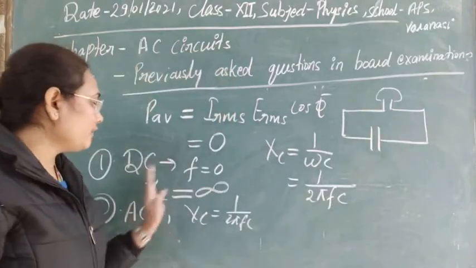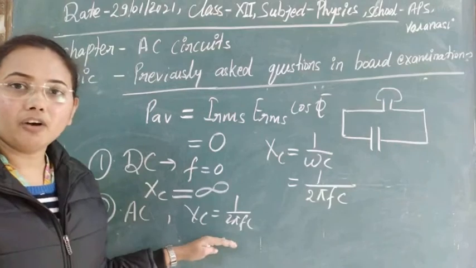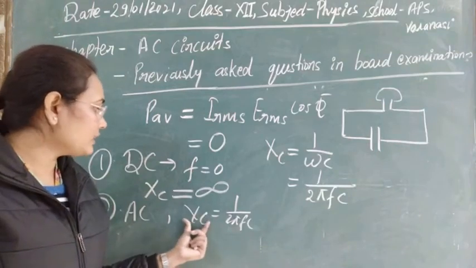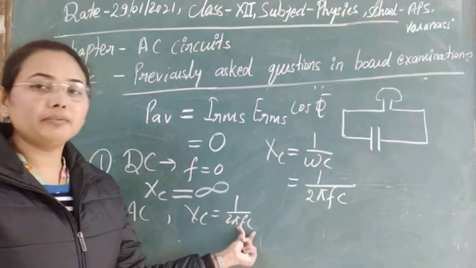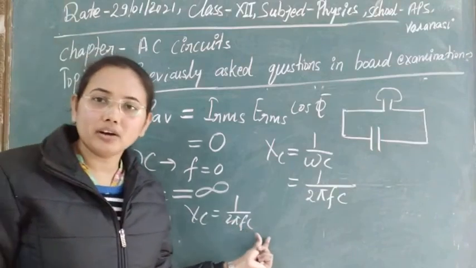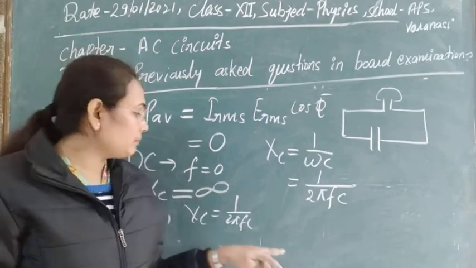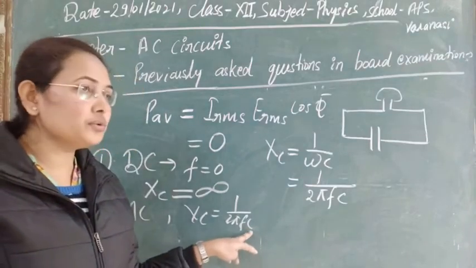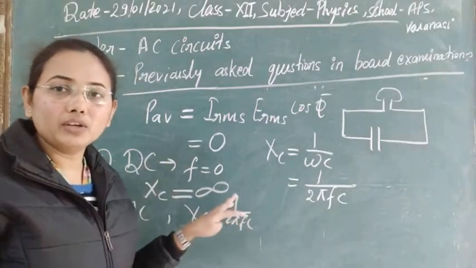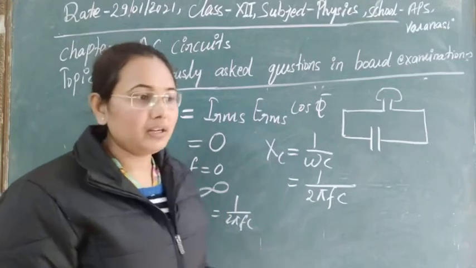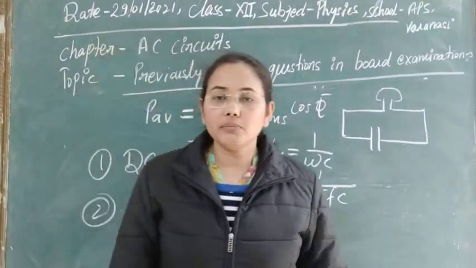Second case, if we are talking about AC, then for an AC signal its reactance depends on both factors, on its frequency and on its capacitance. So if capacitance is reduced, the denominator is lower, it means that the whole value will be greater.